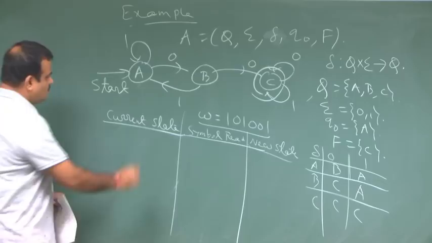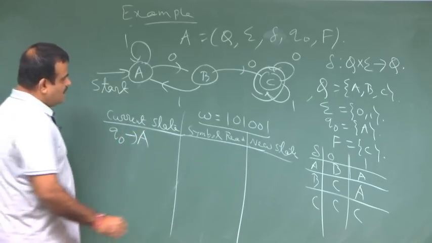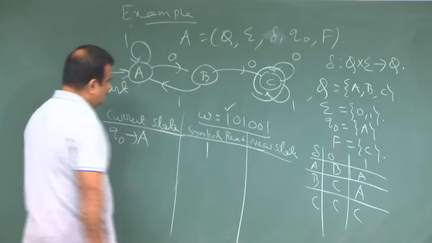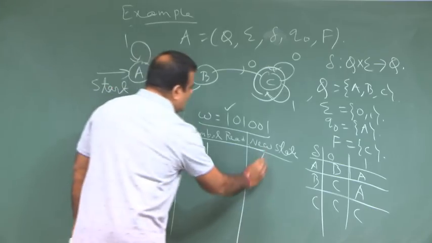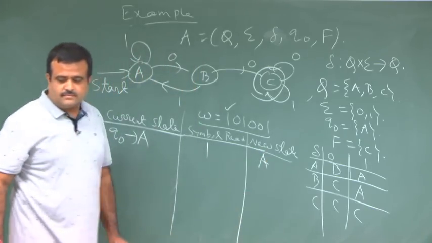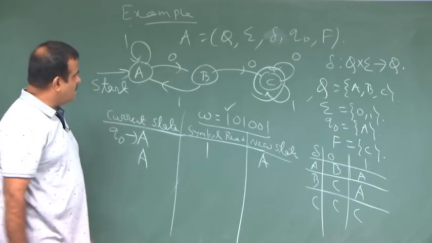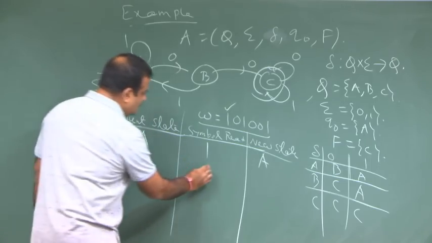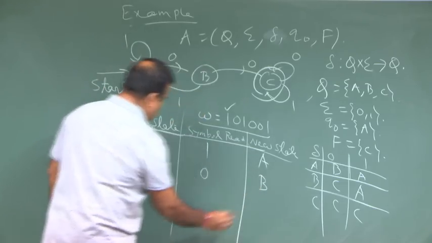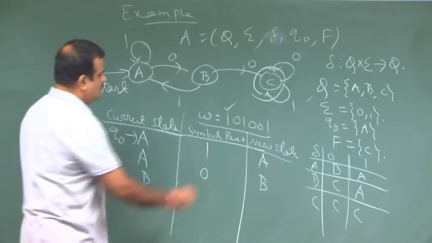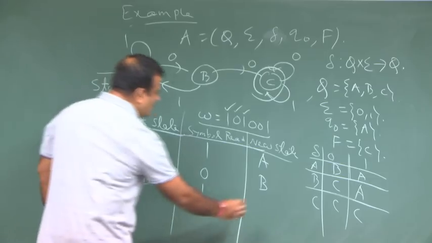We start with A, the starting state q0, and we read the symbol 1. At A, reading 1, we remain at A, which is the new state. Again we are at A, seeing 0, so we go to B. Now we are at B, and we see 1. In B, if you see 1, we come back to A.